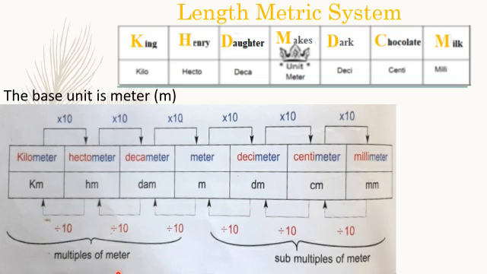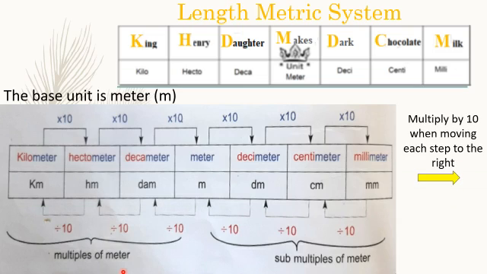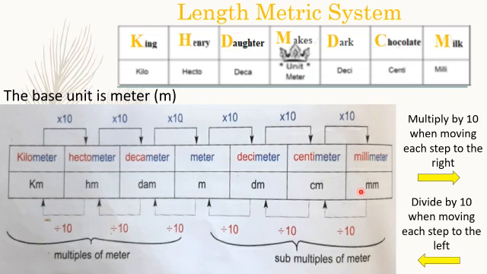The base unit is meter. We multiply always by 10 when moving each step to the right, and we divide by 10 when moving each step to the left.